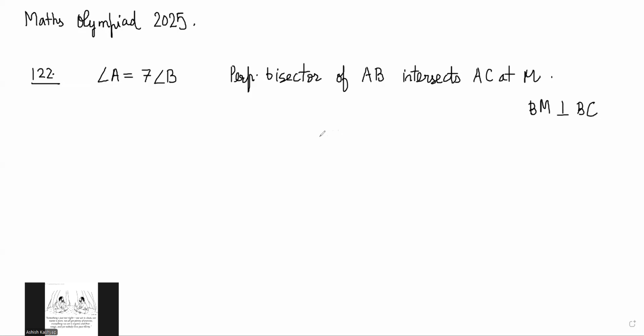Okay. Shouldn't it be 7 times angle B equals angle A? Just asking. You have to find angles of the triangle.